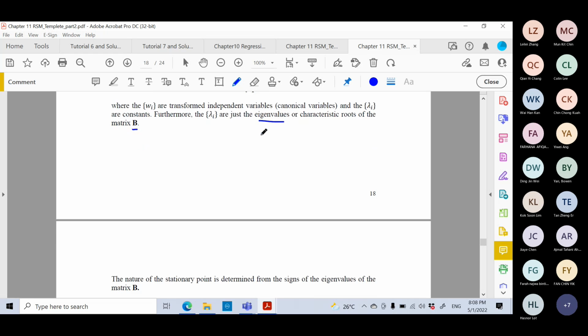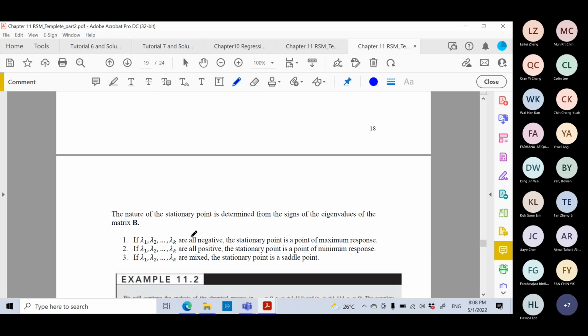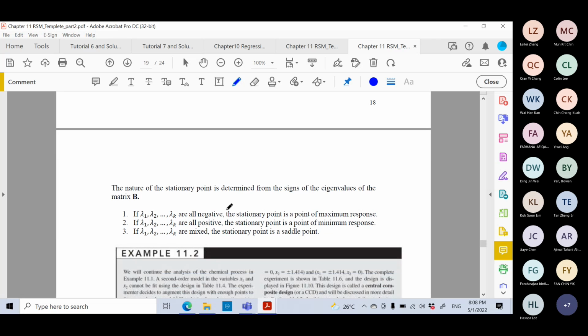To characterize it, I have shown it to you here. The nature of the stationary point is determined from the sign of the eigenvalues of the matrix B. If lambda 1 until lambda k are all negative, then the stationary point is a point of maximum response. If they are all positive, then the stationary point is a minimum response. Otherwise, it is called a saddle point.